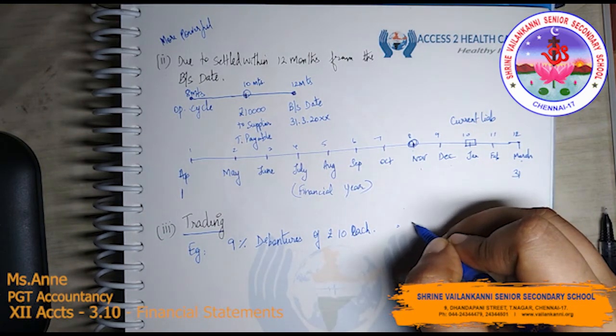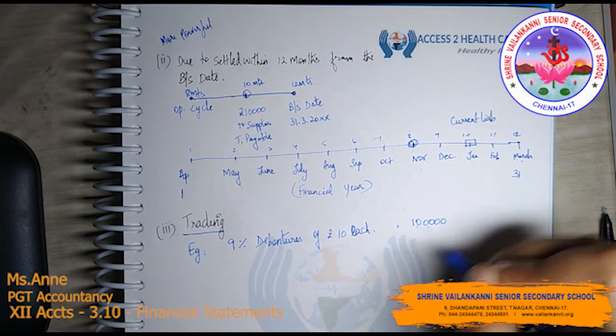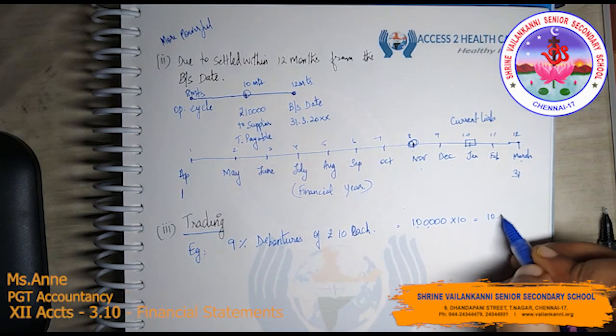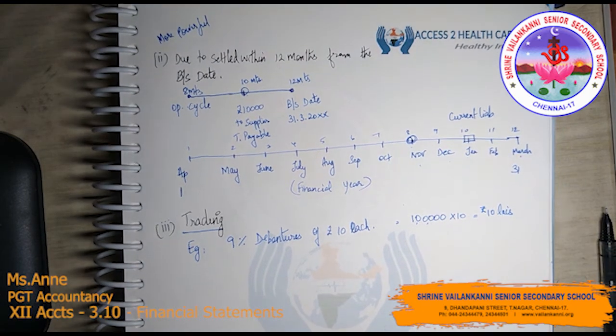So the number comes to 1 lakh debentures into 10. So you have 10 lakh rupees in your hand. Okay, you have issued it.